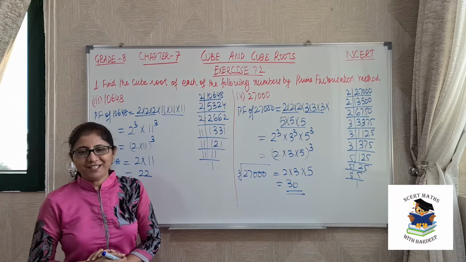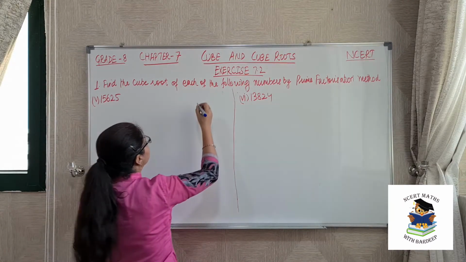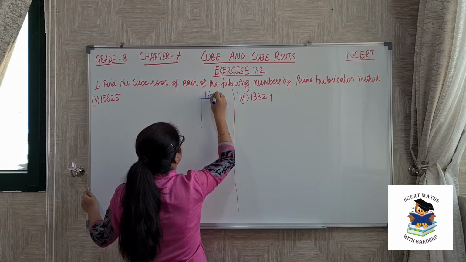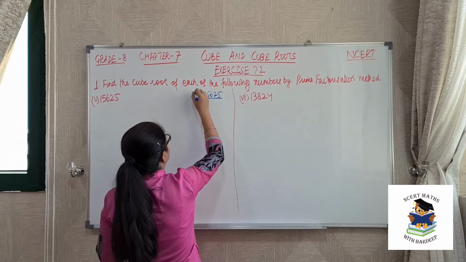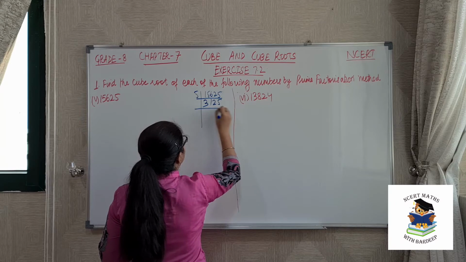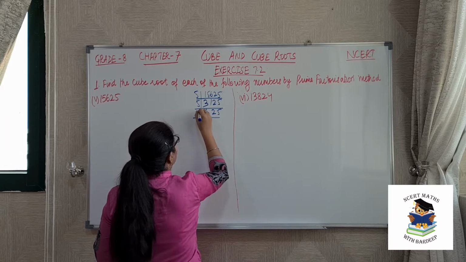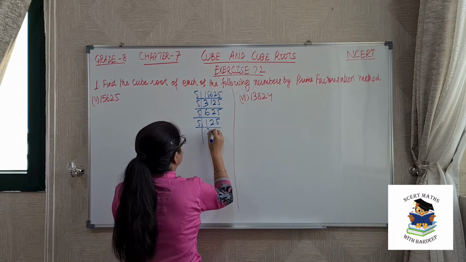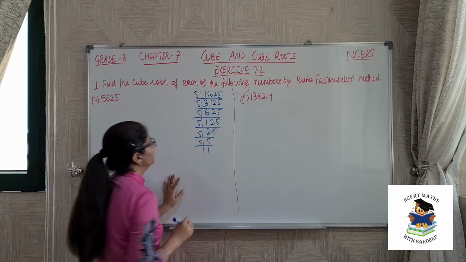So now let's see the next part. The fifth part is 15625. So it will go in the table of 5. 5 3s are 15, 125. So 5 5s are 25, 25. Again 125, so 25 and 5.